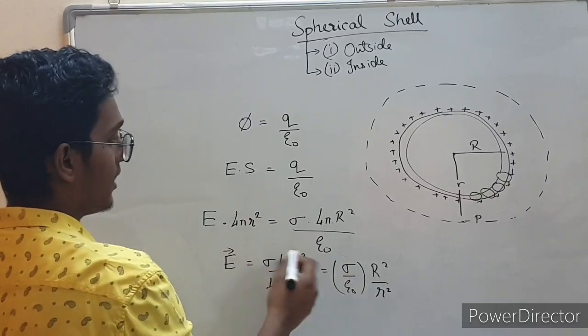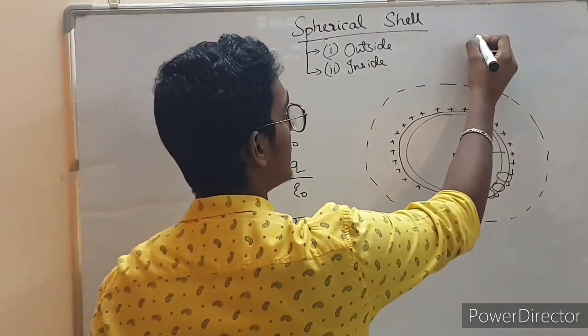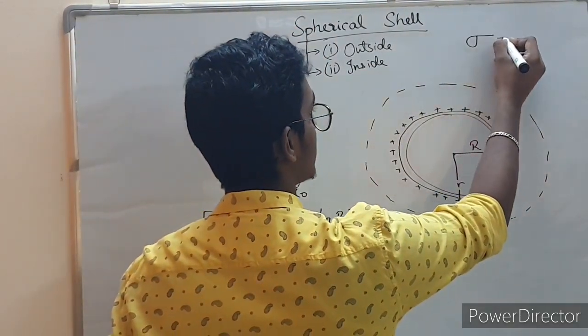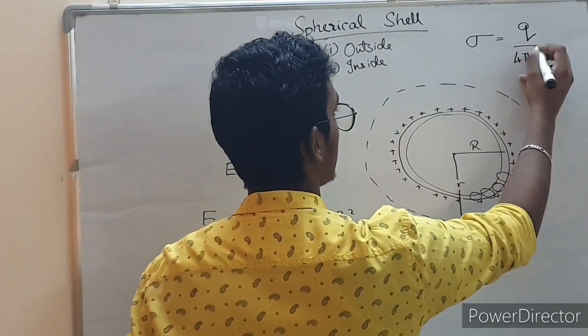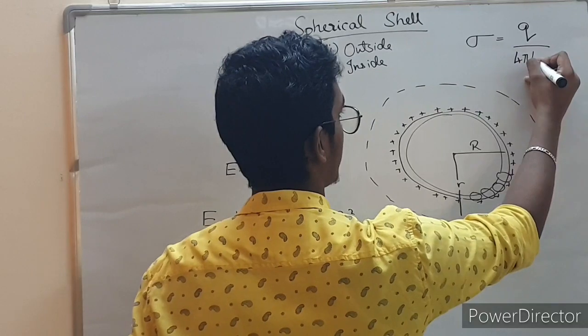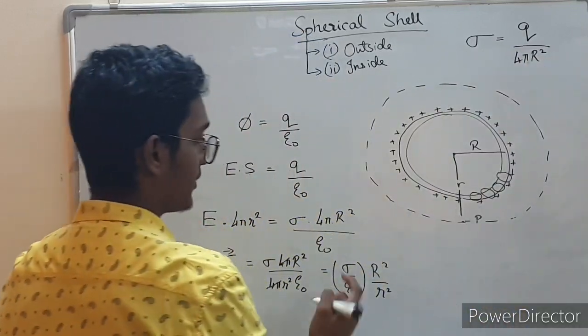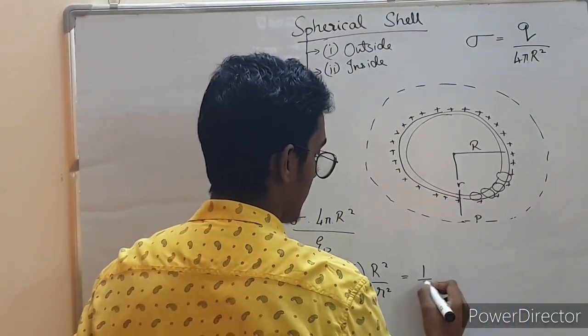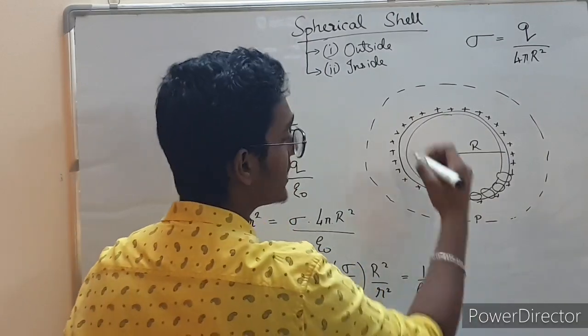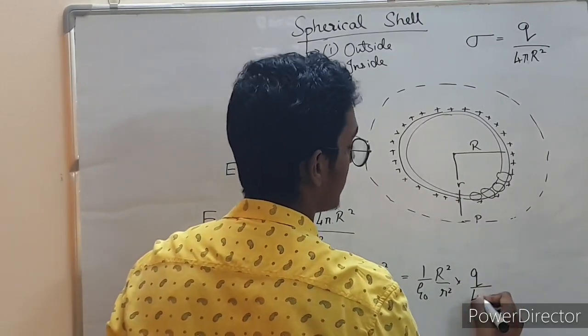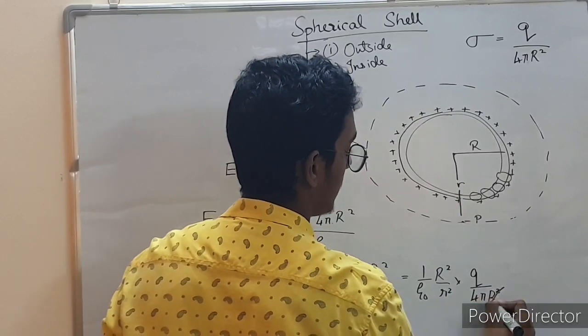we know that surface charge density is the charge divided by 4 pi capital R square. So now we are going to substitute that over here. 1 by epsilon naught, R square by R square into sigma, where sigma is q divided by 4 pi R square.